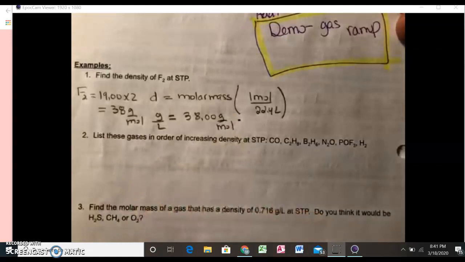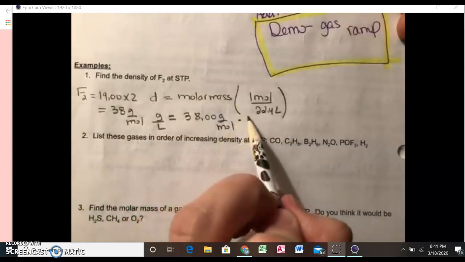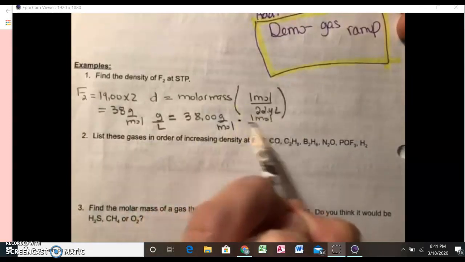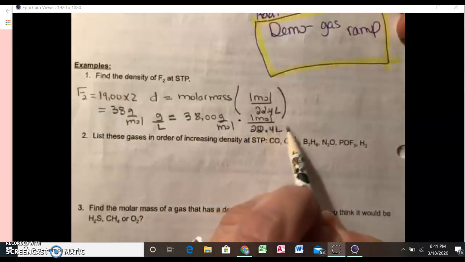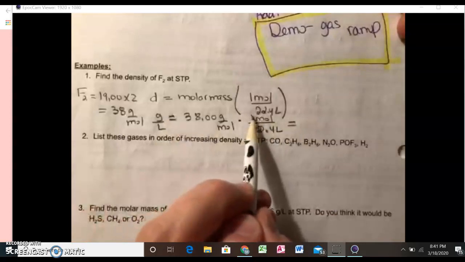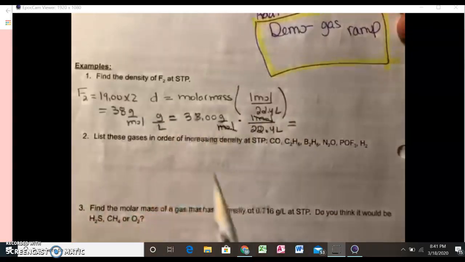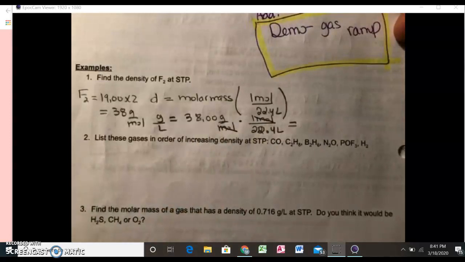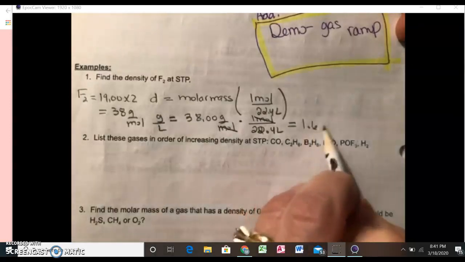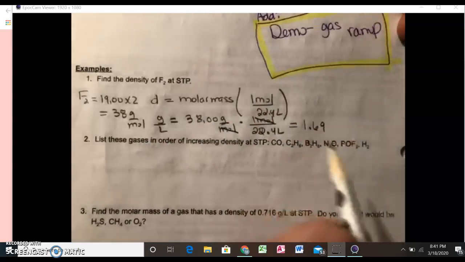We know this only happens at STP, but at STP, 1 mole is going to occupy 22.4 liters. So that makes my mole unit cancel out, and I'm only left with my grams and my liter amount. In this particular case, 38 divided by 22.4, I end up with 1.6964.